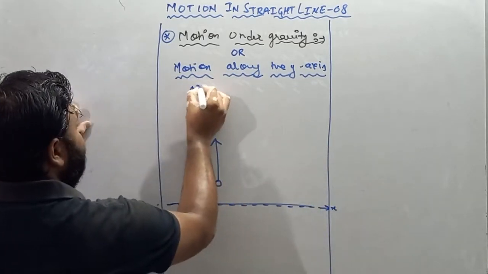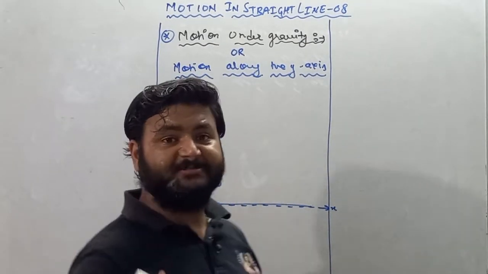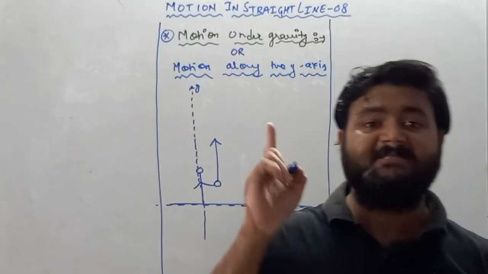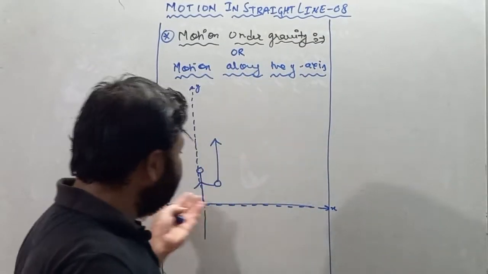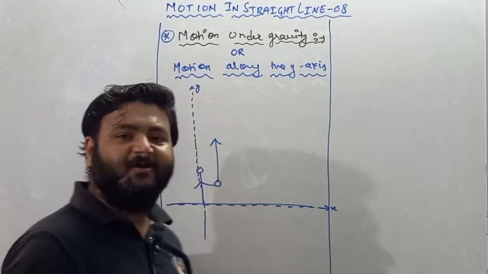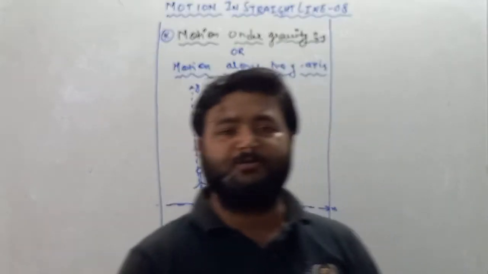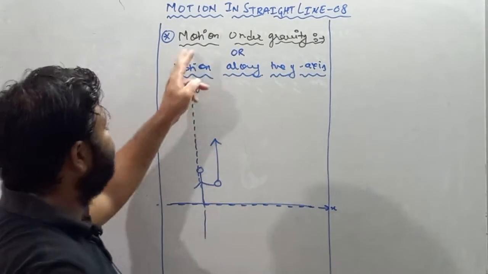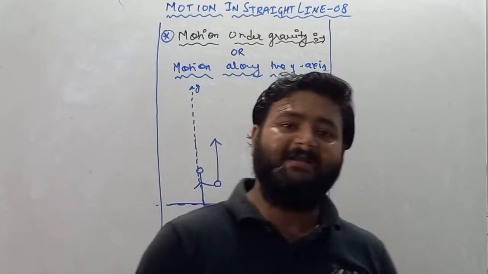If the motion takes place only along any of the axes, either x-axis, y-axis or z-axis, all these kinds of motion are considered to be motion in a straight line, or motion in one dimension.